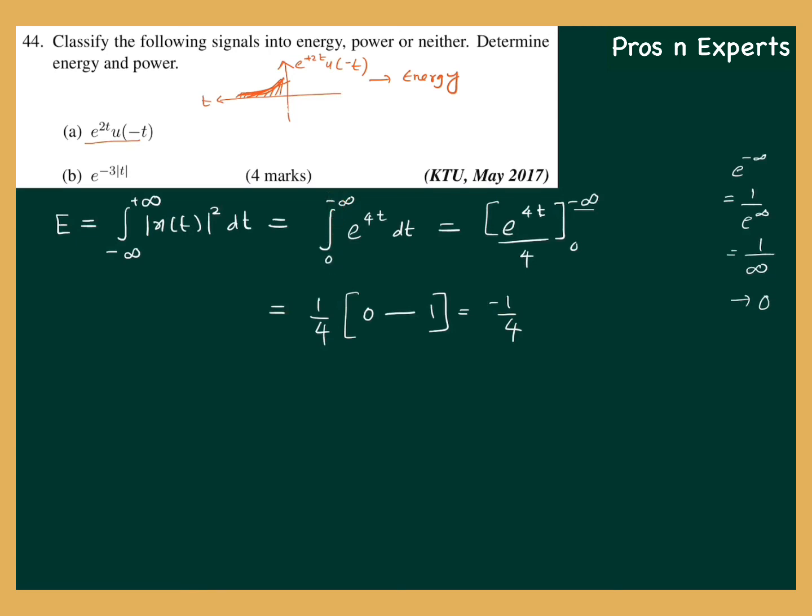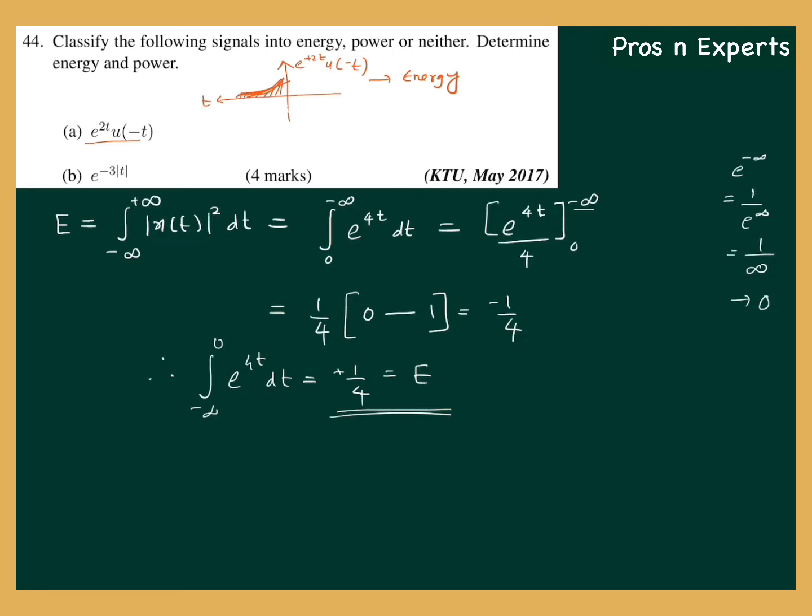So the answer will actually be the negative, right? Therefore the integral from minus infinity to 0 of e raised to 4t dt is equal to plus 1 by 4, and that is the energy. So we got energy as a finite value, and its value is 1 by 4.